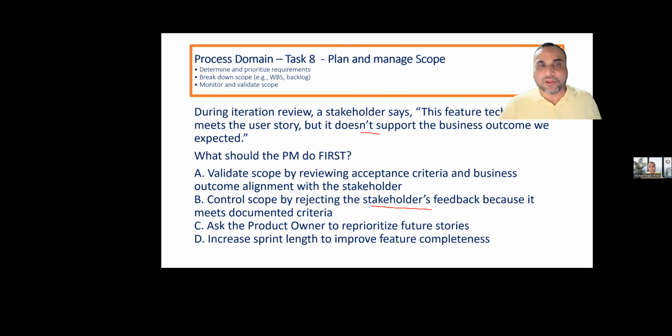Ask PO to reprioritize future stories. Increase sprint length to improve feature completeness. So the better option is exactly A.